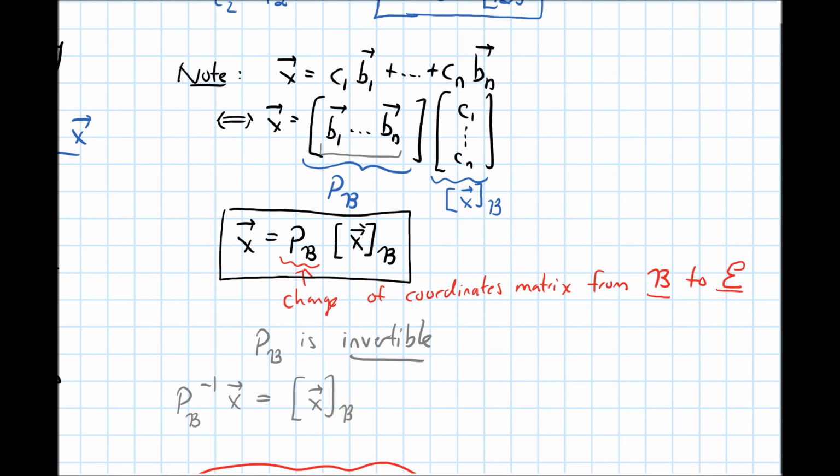So if I knew the inverse of this change of coordinates matrix, I could use that to quickly figure out my coordinate vector. So this matrix right here is multiplying a vector x, where the coordinates are in terms of the standard basis, and what it's outputting is a coordinate vector in terms of the basis B. So this is also a change of coordinates matrix, but it reverses the direction.